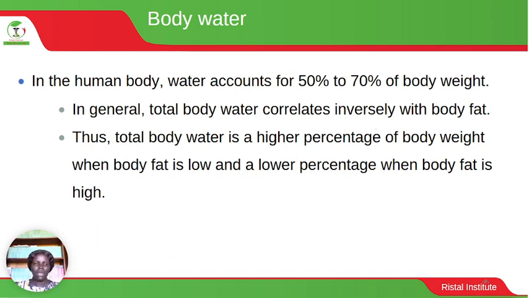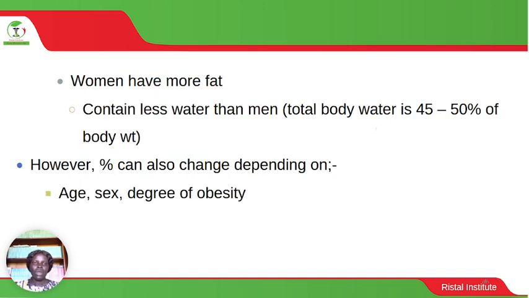So that one I've already talked about. Women have more fat, so they contain less water than men. Total body water of women is 45 to 50% of body weight. However, the percentage can also change depending on age, sex, and degree of obesity.